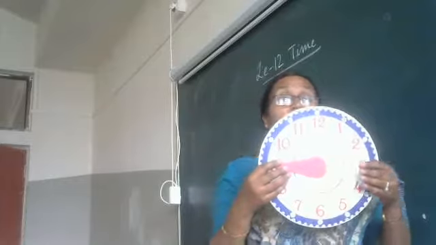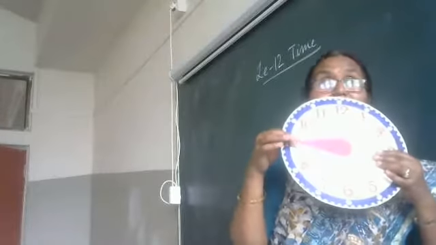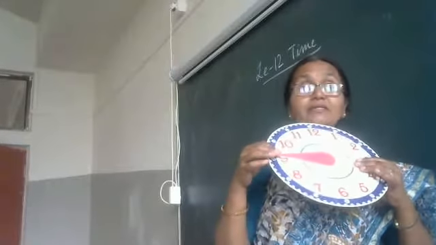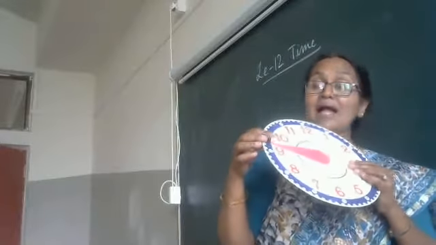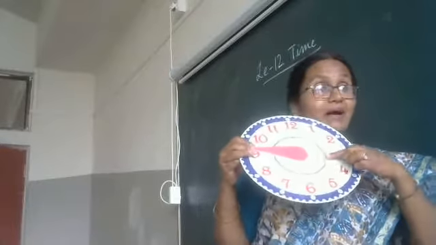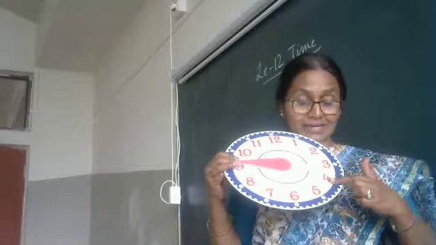So when it is quarter to, the minute hand will always be at 9, and the hour hand will be between 3 and 4.